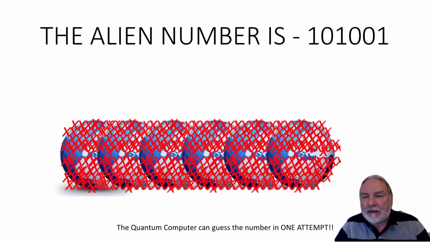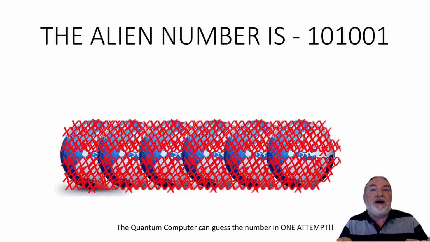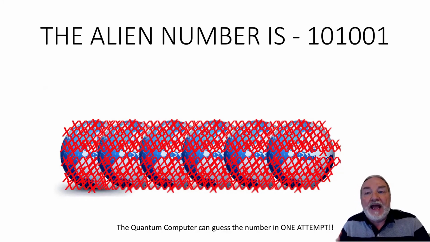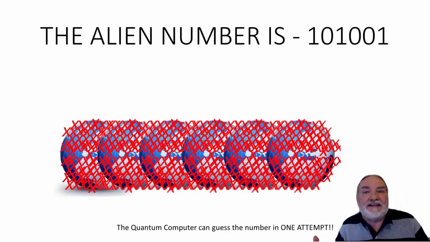No, we're not going to get blown up, because the quantum computer can guess it in one attempt, because every quantum Earth, in addition to having 8.2 trillion places we can map, can also relate to other Earths through quantum entanglement.